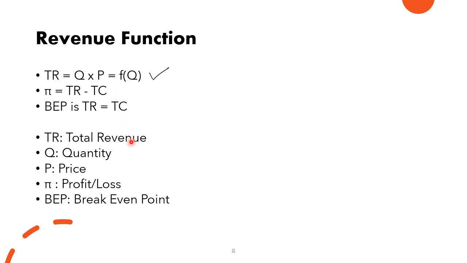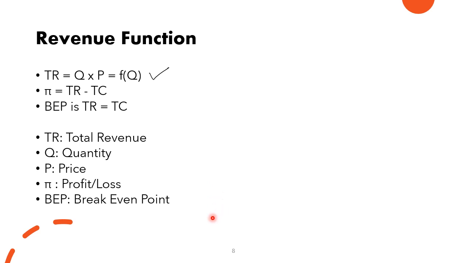And you have also learned about the break-even point, which is when the revenue is equal to TC, the moment that your profit is zero. So why do we need the BEP? That's the starting point where we no longer have loss from selling our product.